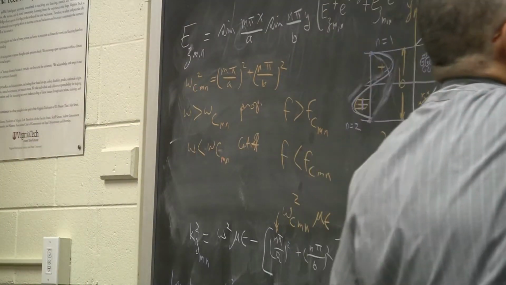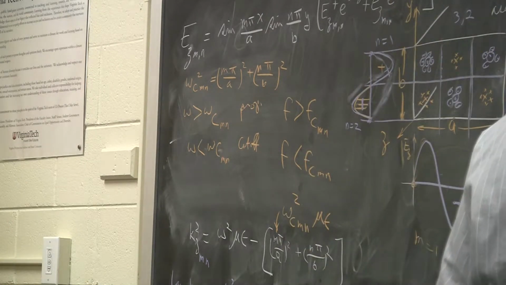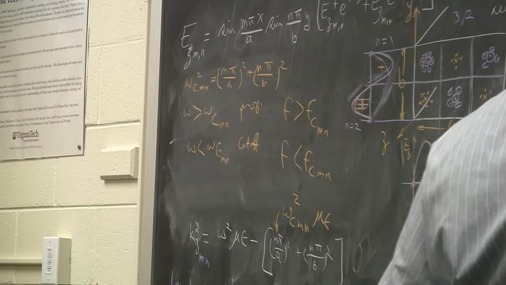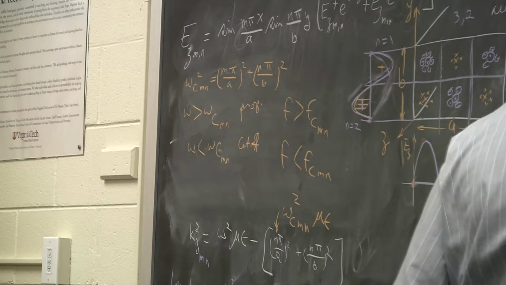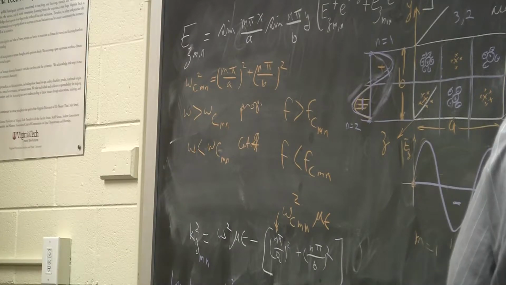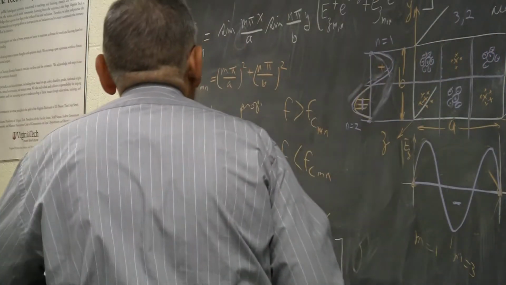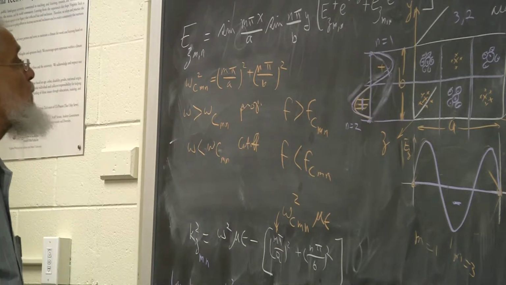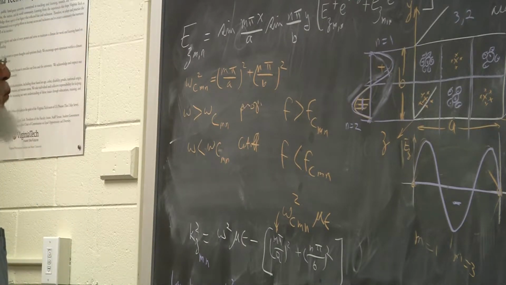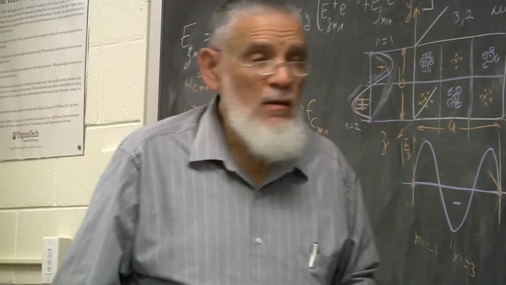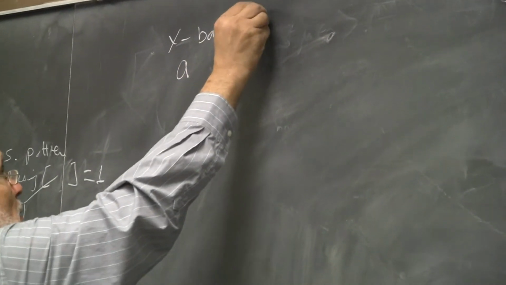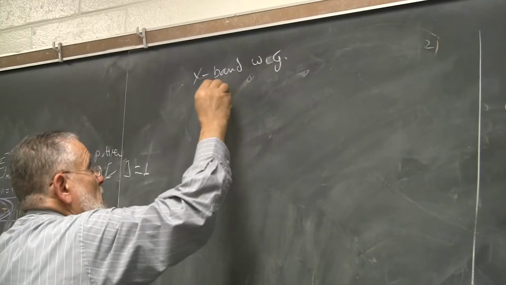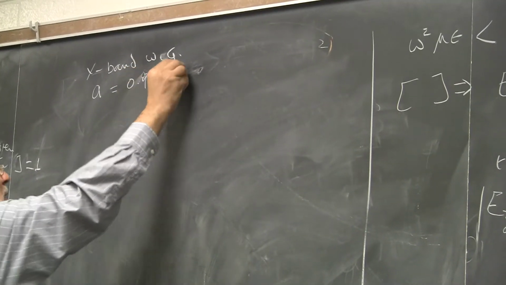So let's take an example here. If I were to choose a and b, the X-band waveguide has a of 0.9 inches and b of 0.4 inches.